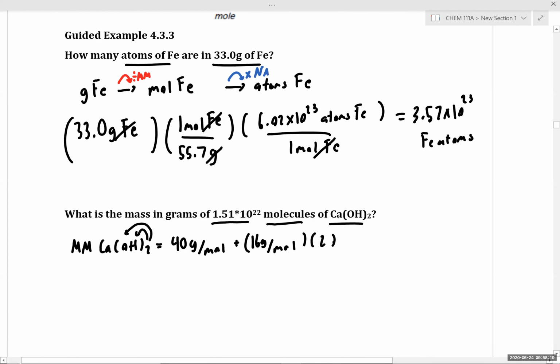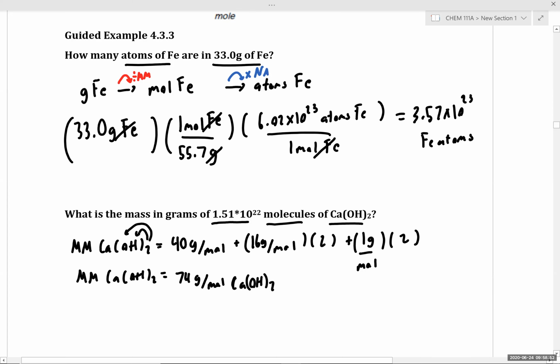Since we have 2 oxygen atoms, we multiply it by 2, plus the molar mass of hydrogen times the number of hydrogen atoms. And that gives us the molar mass of calcium hydroxide is equal to 74 gram per mole of calcium hydroxide. I always like to put my unit labels as they save me a lot of grief when I'm checking to see that the units cancel.